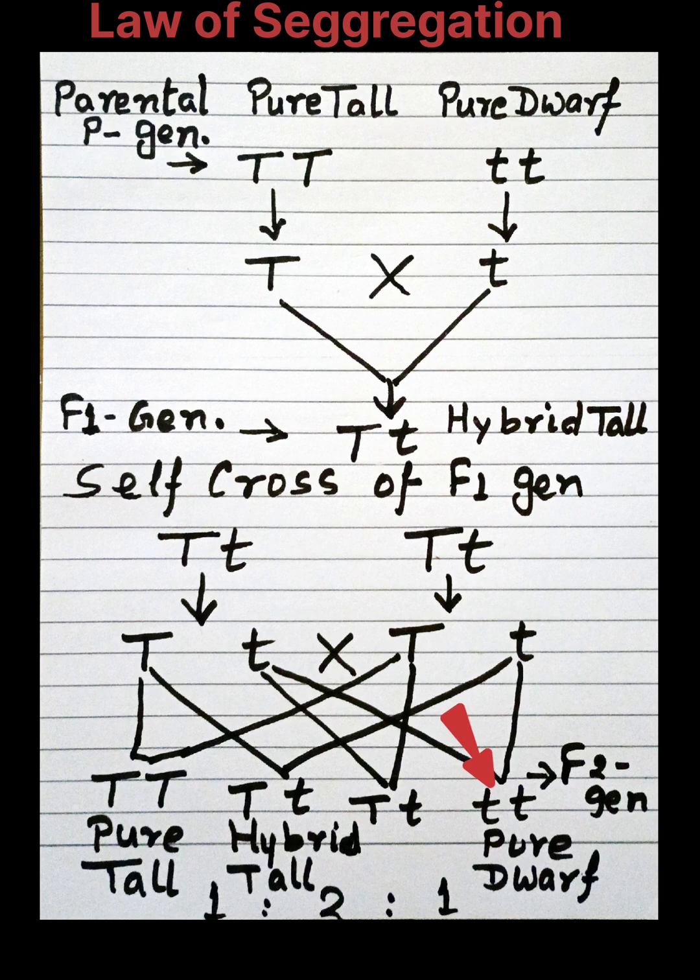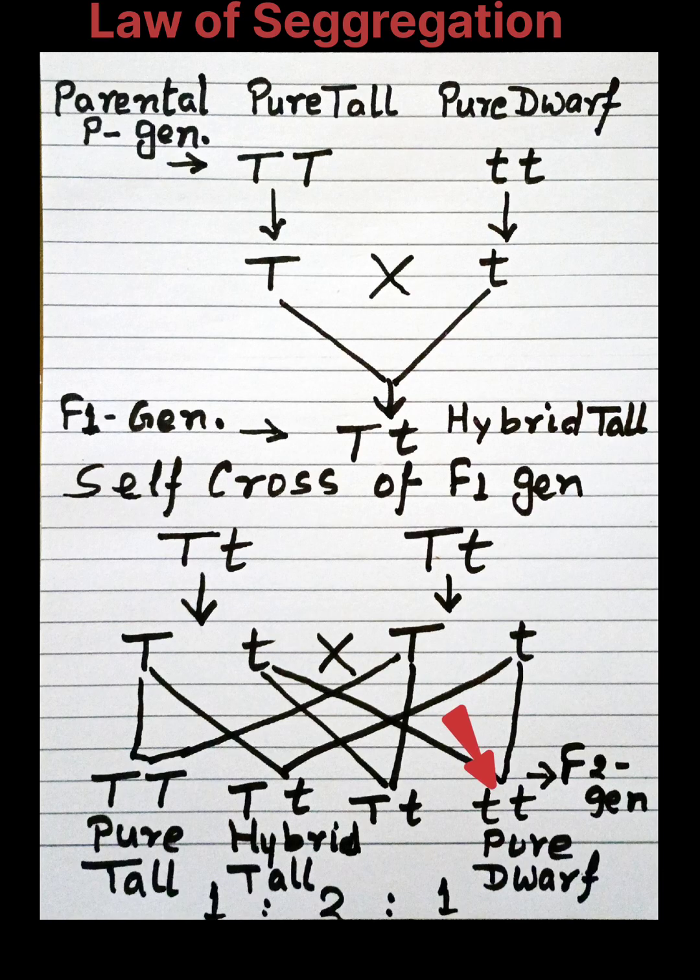Here the dwarfness, which was recessive in the F1 generation, now appears in the F2 generation. It shows that the segregation of alleles has taken place during the gametogenesis to form the hidden or recessive character in the F2 generation.